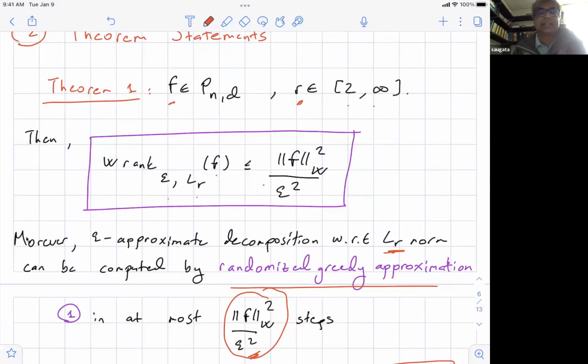A related thing is that the Kostlan distribution is not the only orthogonally invariant Gaussian distribution on homogeneous polynomials. Once you have an inner product, you can look at the harmonic decomposition, exactly, and weigh each one of them.